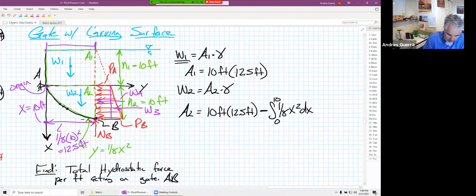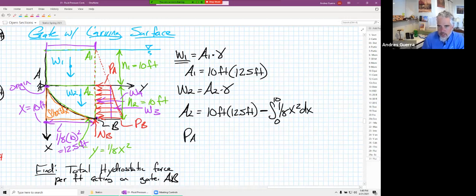That's because if we take the integral, don't we find the area below the curve? So this is the integral of 1/8 x squared dx. But we want to find A2, the area above our curve there. So we take the whole rectangle and subtract out the stuff below that. So now we can find W2.